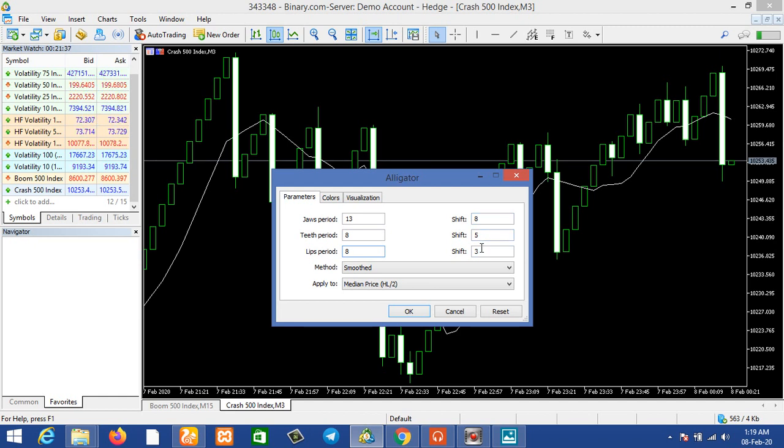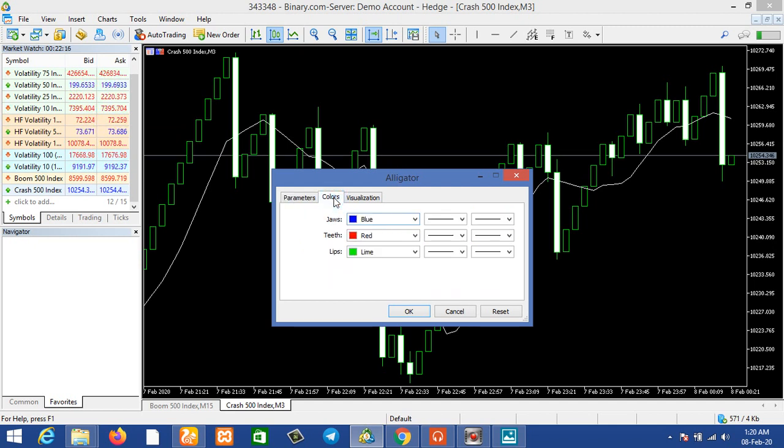The lips period is 5, and the lips shift is 3. Then the method is smoothed, and apply to median price.